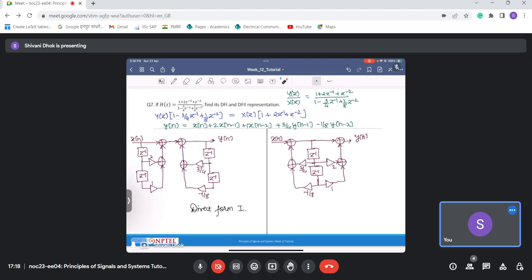Similarly, then I'll look at the numerator. I already have this z inverse. I'll have 2 delay blocks here. One is getting added here itself, and another z inverse block, and the coefficient of z to the power minus 2 here gets added here. So by inspecting this H of z, I can directly draw my direct form 2 representation similar to my direct form 1.